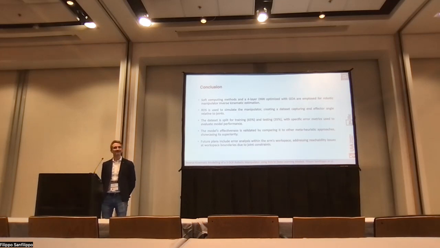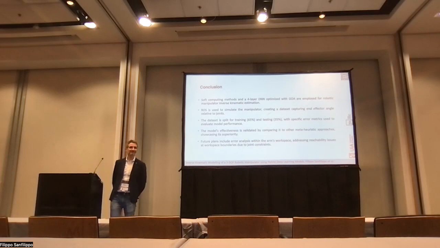I have a similar question. Very interesting approach, but I would be interested if you have some special application where you think that this approach has advantages compared to just the analytic inverse kinematics, because for 3 degrees of freedom, I guess you would be able to find an analytic solution. Sure.